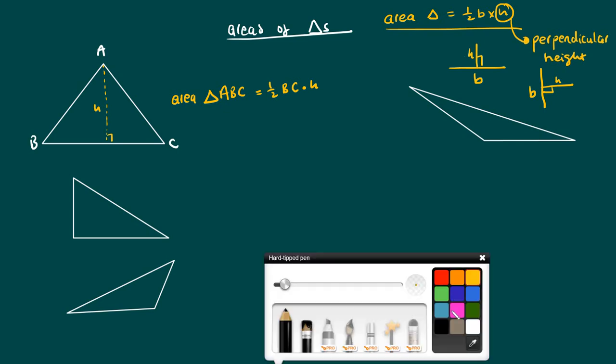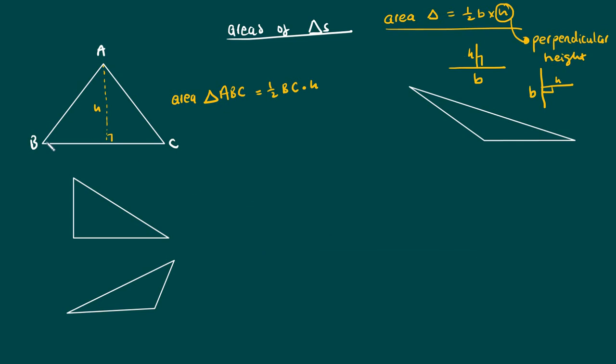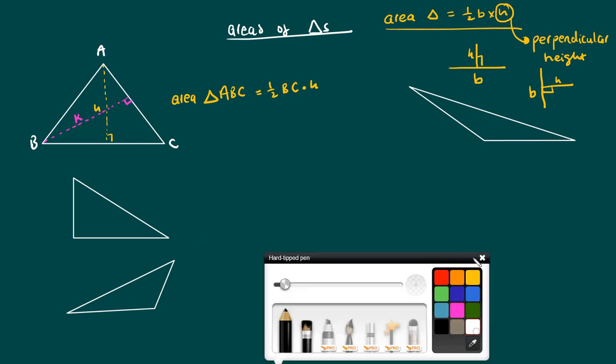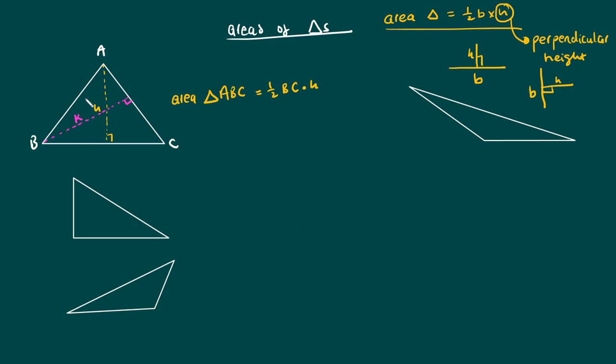If I happen to have another height in the same triangle, another height here that I can draw, and it's perpendicular to AC, then that height I call K. What is another way I can now use to calculate the area of triangle ABC? I can now say the area of triangle ABC is going to be half, and my base will be AC. Why? Because I have a perpendicular height K.